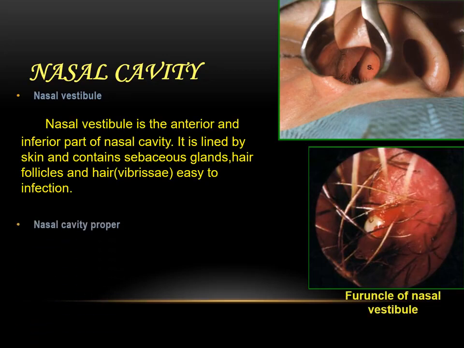And then the nasal cavity proper. Again, the nasal cavity consists of the nasal vestibule, which is the anterior inferior part of the nasal cavity lined by skin with sebaceous glands and hair follicles, which is easy to get infection, forming furuncles of the nasal vestibule.